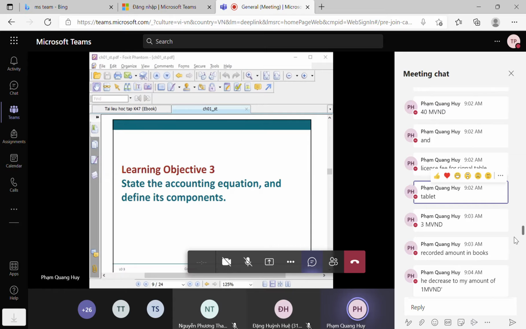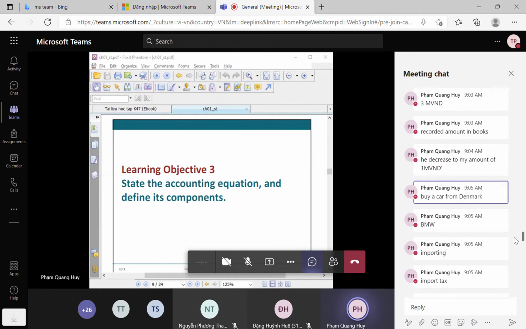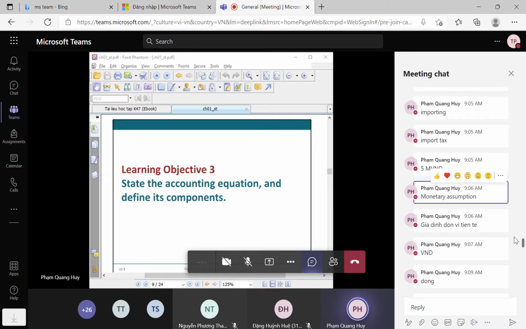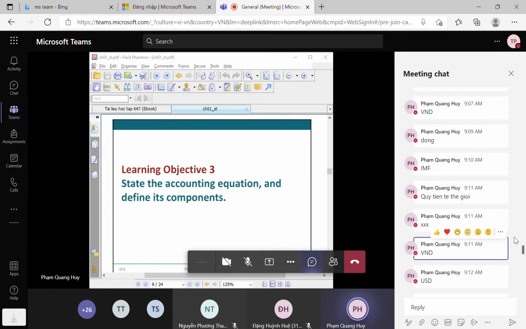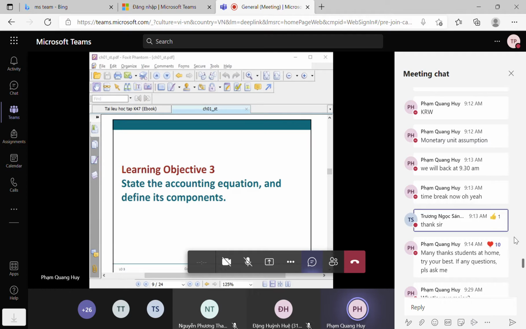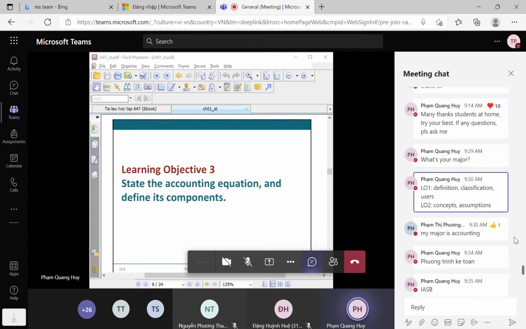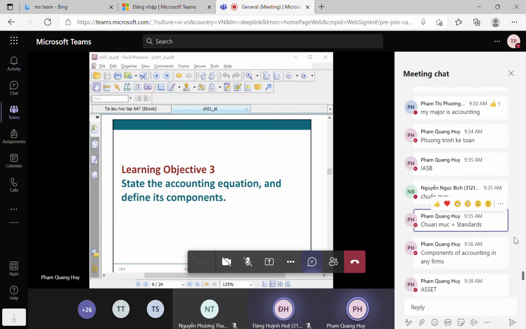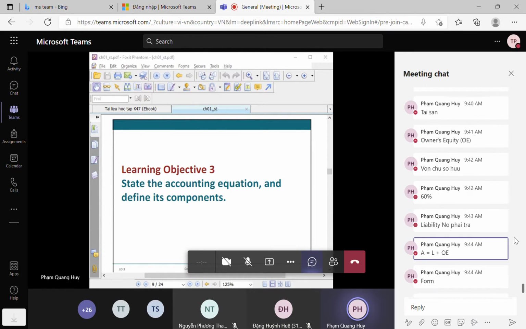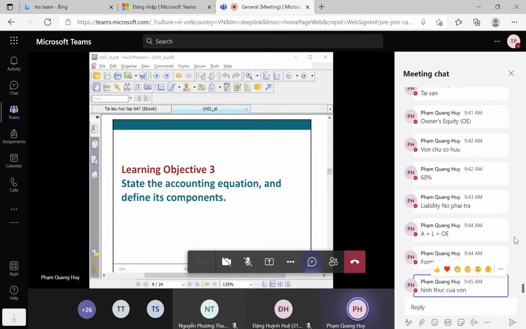Okay, now I will give you some more examples of assets, right? For example, I have a book.